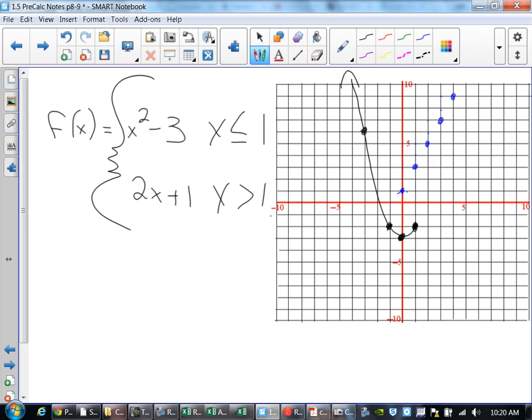I just have to go back and look where my restriction's at. Where's my restriction? At 1. So when x is 1, I know that this dot can't exist. But what should I do to that? Open it. And like I said, if you just over-exaggerate with an open dot on there, I'm fine with that. I'm perfectly fine. And I know it's got to go this way.